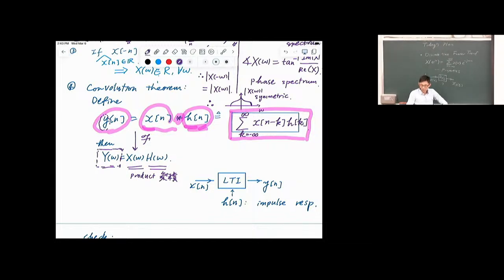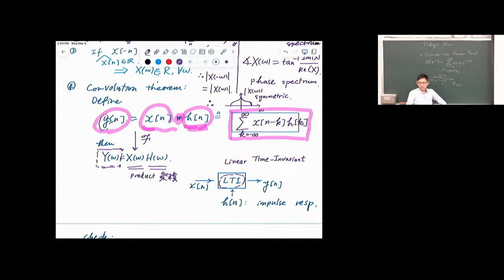The reason is that we often regard a kind of linear system called LTI. LTI stands for linear and time invariant.